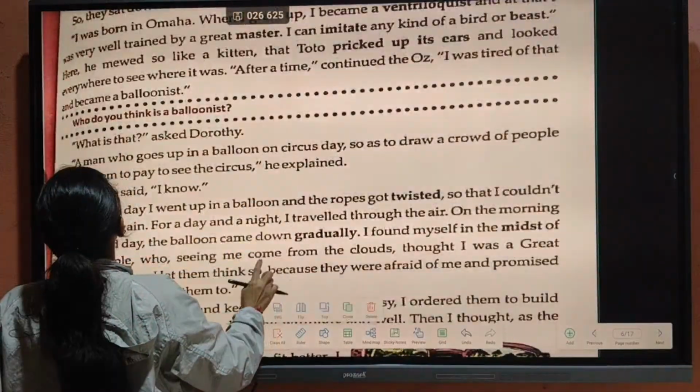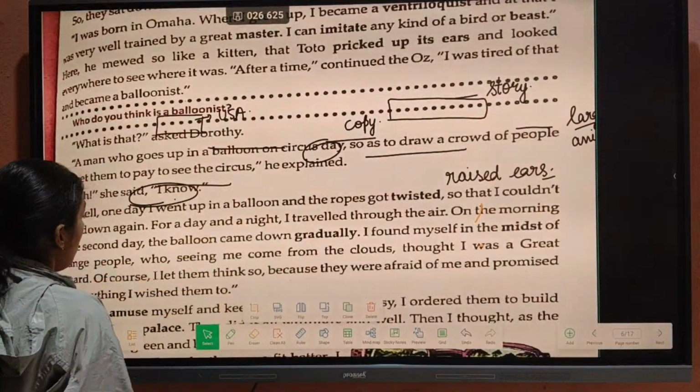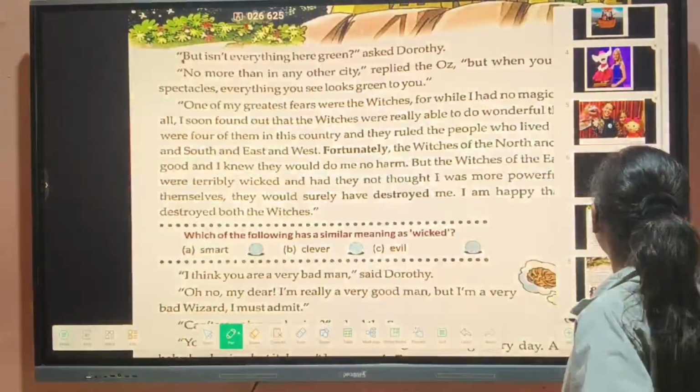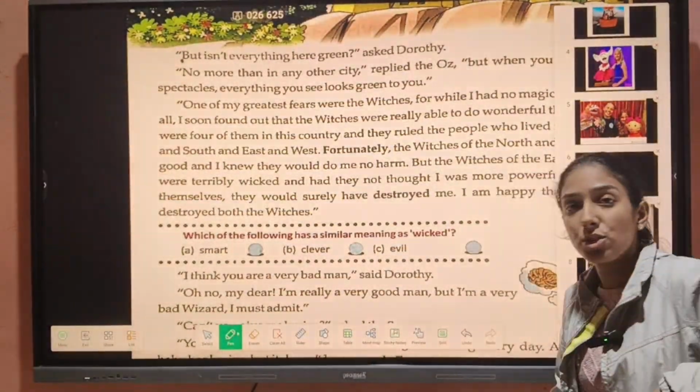A man who flies in the air is a balloonist.